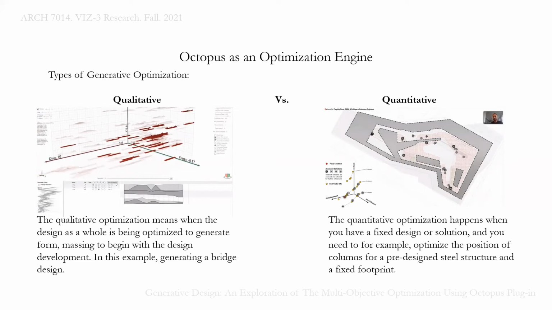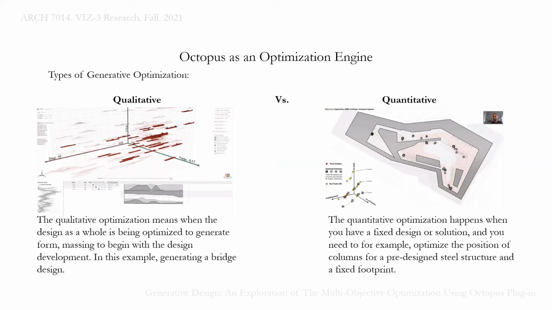How does it look? The massing of it, to begin with the design development. So we don't have a fixed design yet. We have the site and we have other fixed parameters and other fixed constraints, but the design is still vague. So this is the qualitative. You will need to give the computer more freedom and more flexibility to be able to generate various diverse designs.